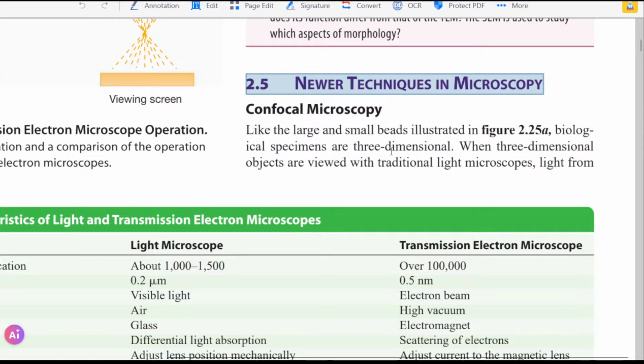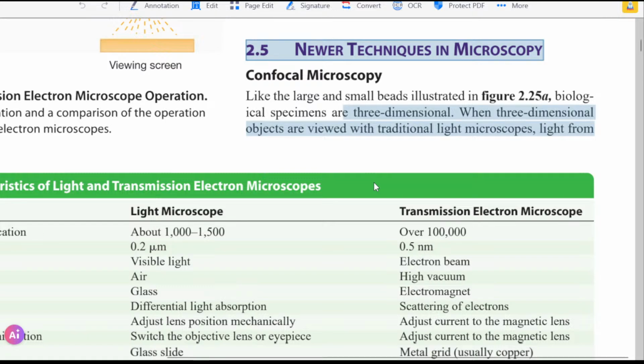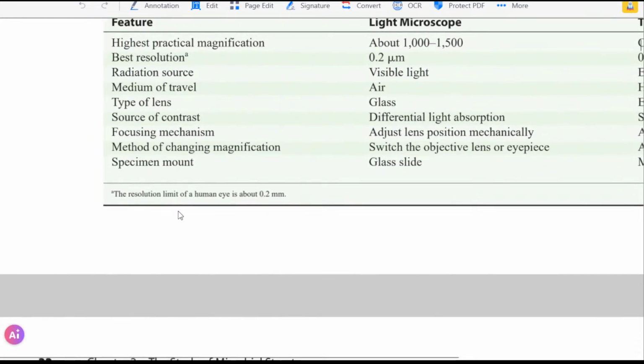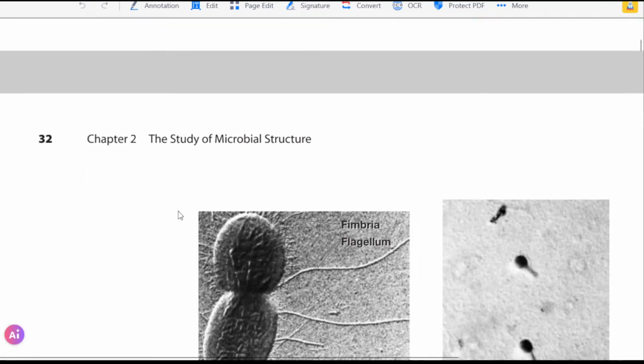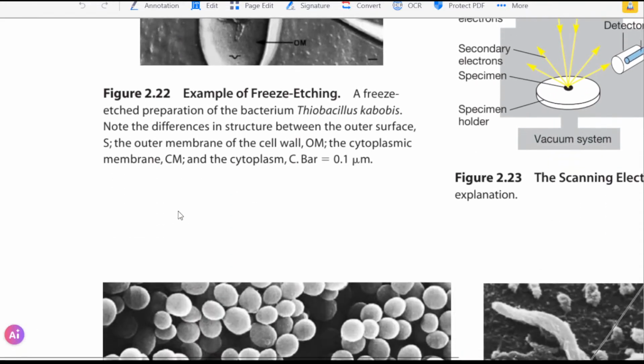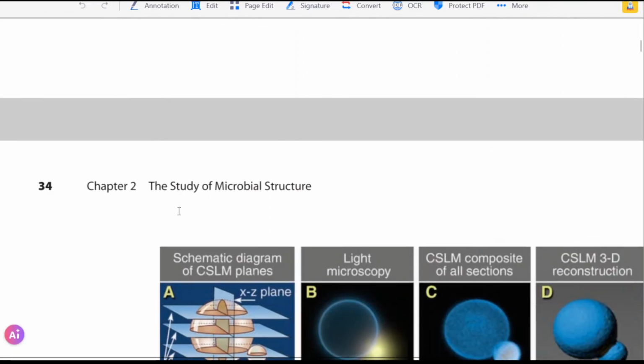Our objects are not two-dimensional, not one-dimensional, they are three-dimensional, meaning they scatter light in three dimensions, X, Y, and Z. Usually in a light microscope, they see objects from all angles together at one point, right? And that's why there is unwanted information in that, and we don't want that because it blurs the originality of the picture and we can't see clearly.